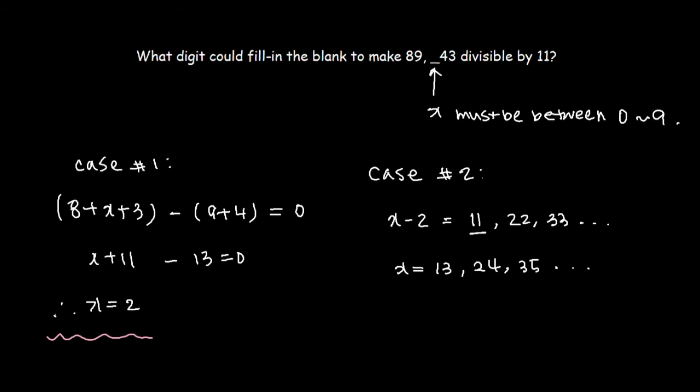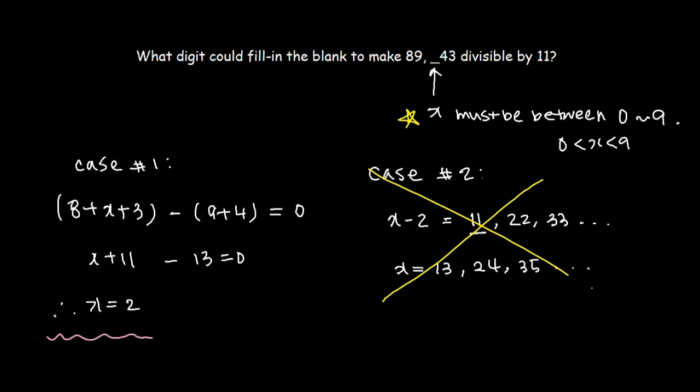So you can't have numbers greater than 9 as the answer. X must be between 0 and 9. Therefore, we can completely eliminate the second case, because it's not going to work.